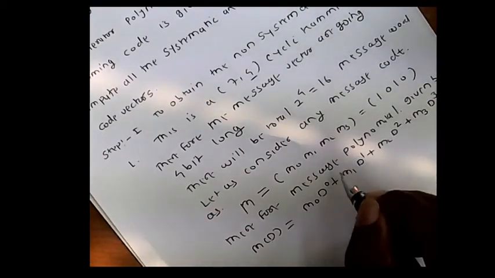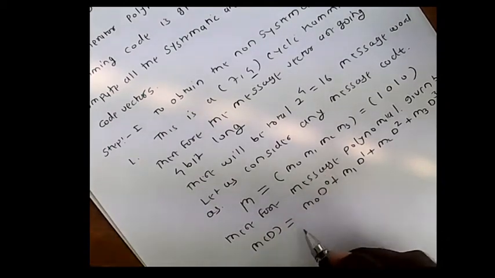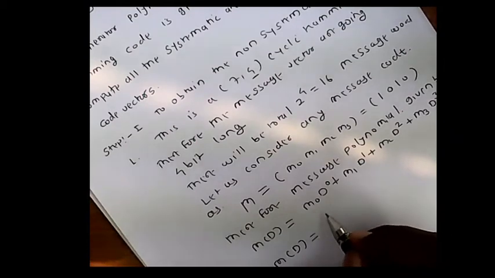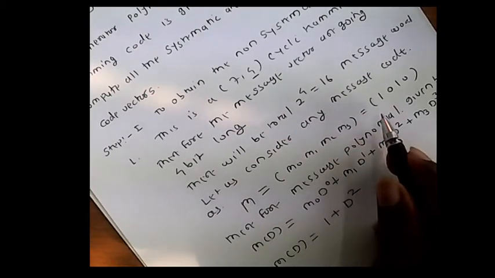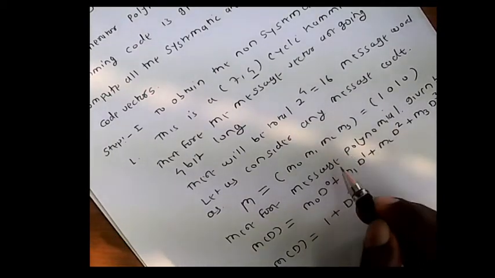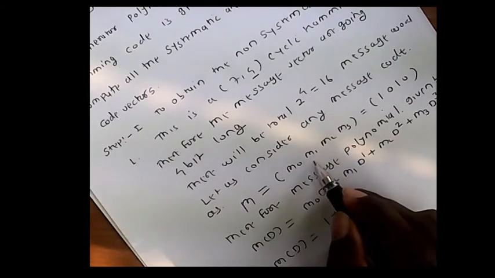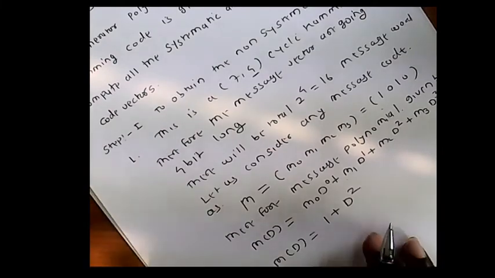We put the binary values of m0, m1, m2 and m3, where m0 is equal to 1, m1 is equal to 0, m2 is equal to 1 and m3 is equal to 0. So we get the message polynomial M(D) = 1 + D^2.